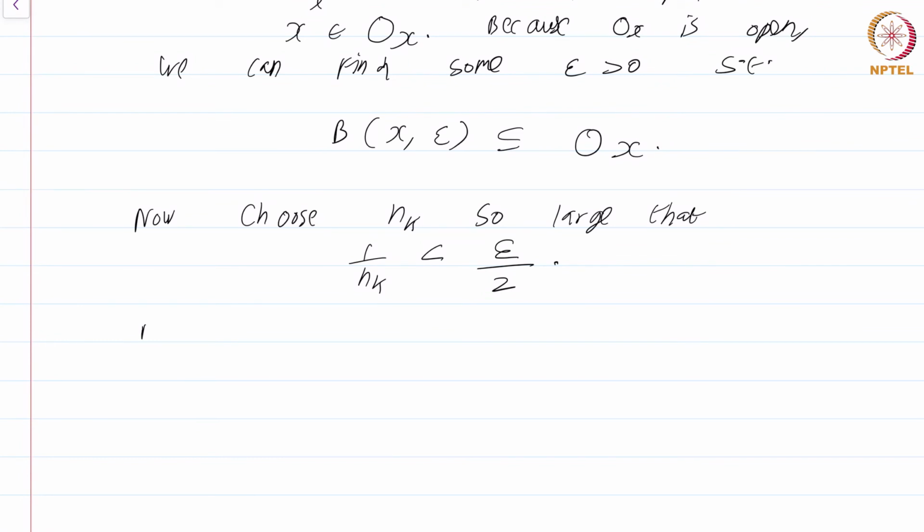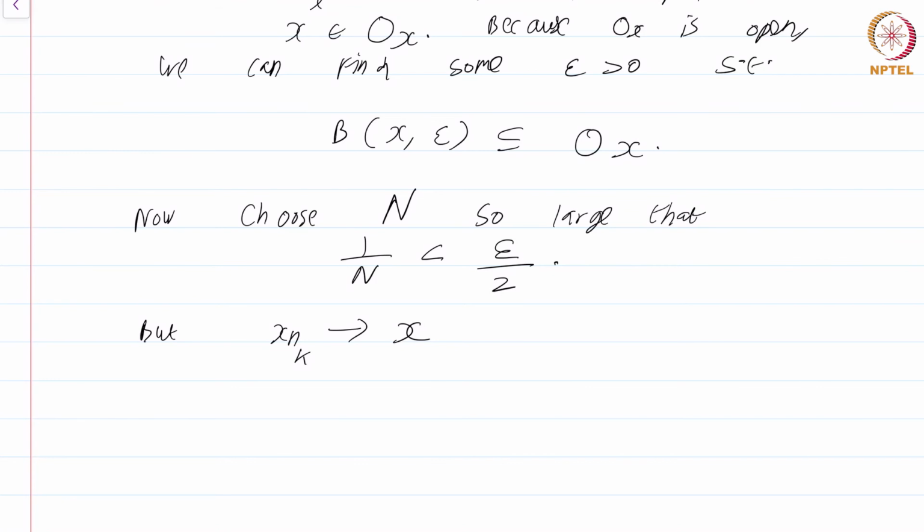But xnk converges to x, right? So let me not use the word nk here. Let me just use capital N so that there is less confusion because of notation repetition.